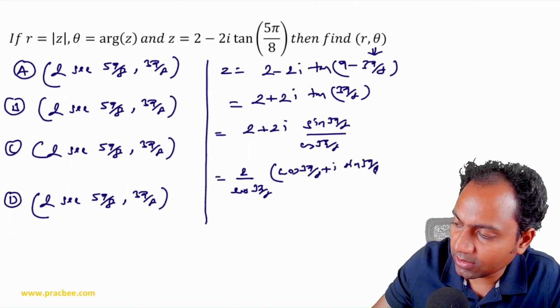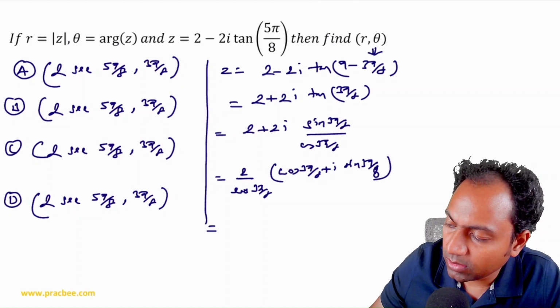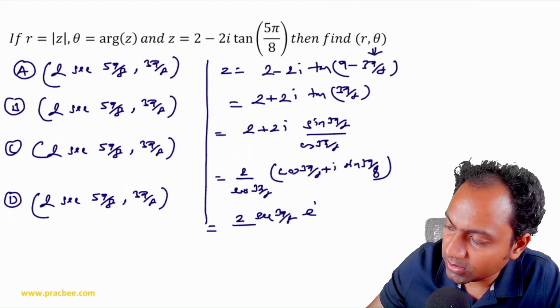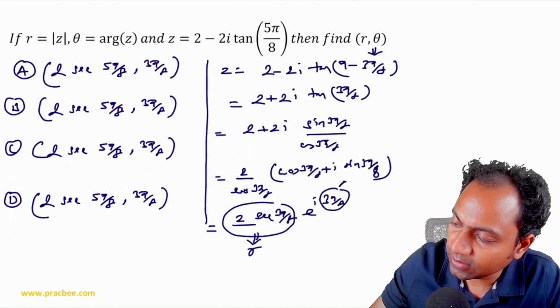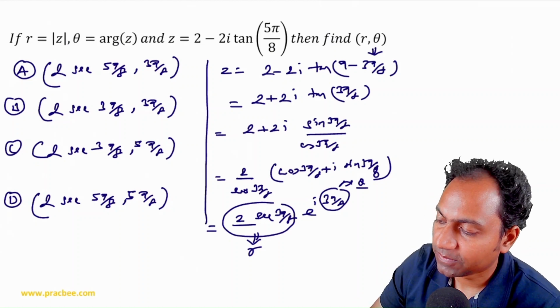So you can see that the conversion from this form to the Euler's form becomes very simple, and now this can be written as 2 sec 3 pi by 8 times e raised to the power i 3 pi by 8. We can see that from here this part would be nothing but the r, and whatever is written here is nothing but the theta. So if I check my options, you can see that the B option comes out to be correct.